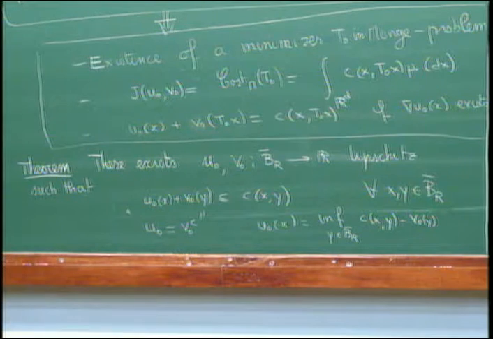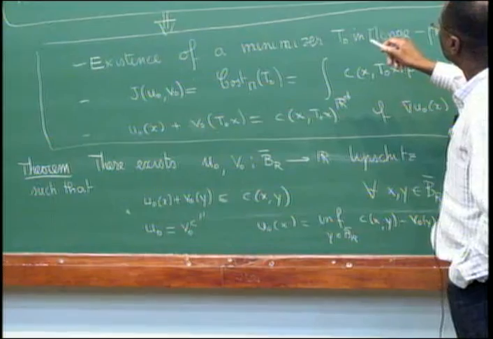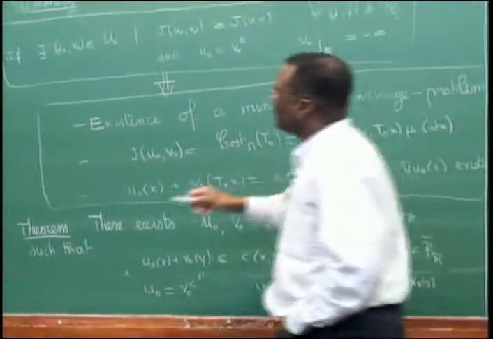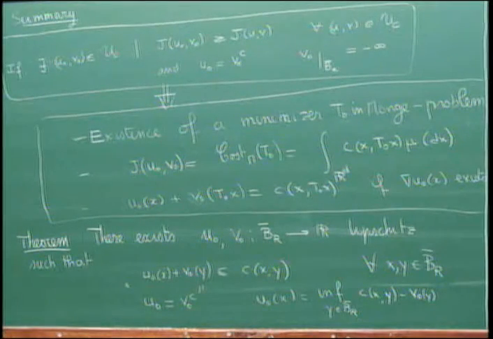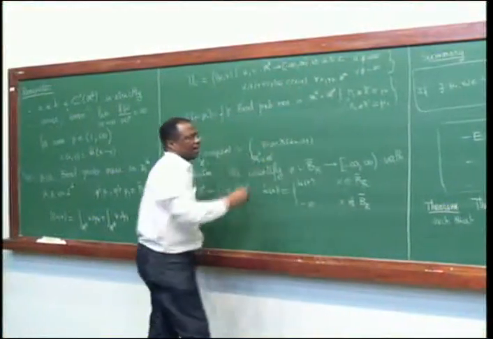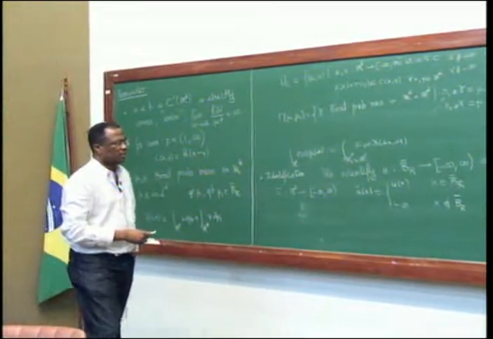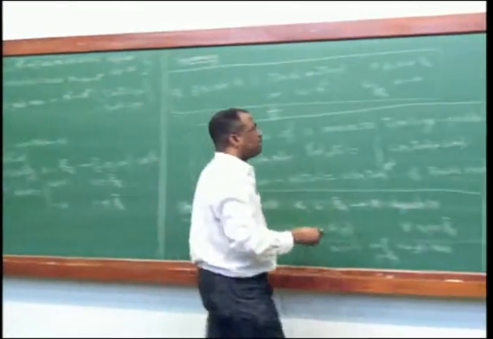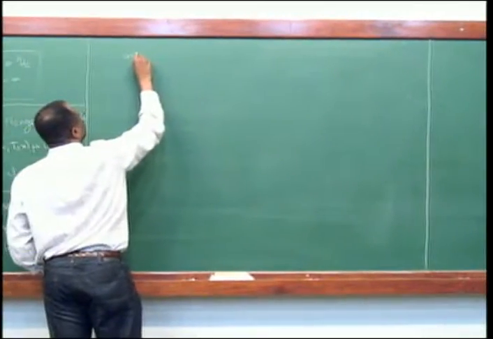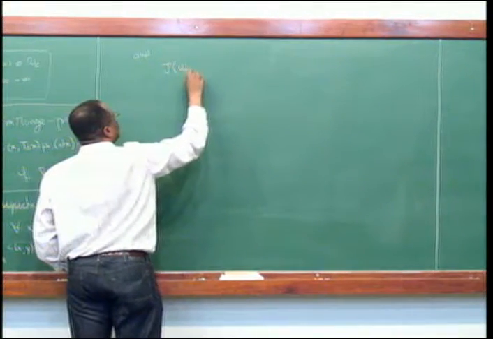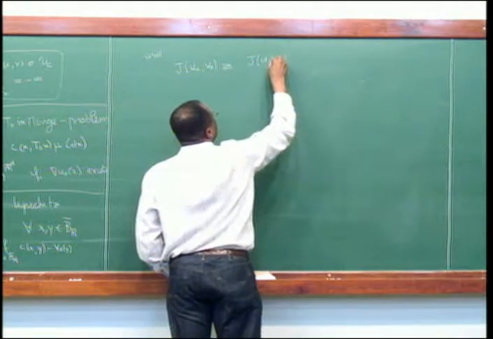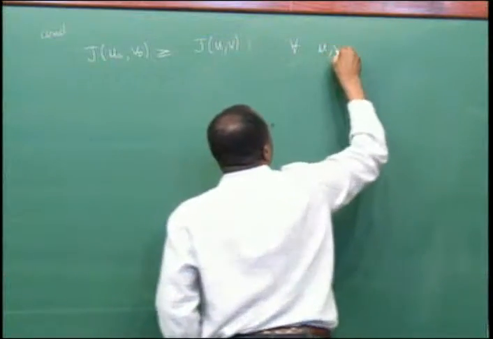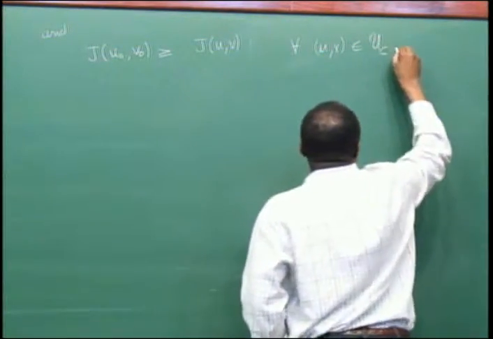Because my functions are Lipschitz, I have immediately the property that they are not identically negative infinity, and they are continuous, or at least upper semi-continuous. So we have that property, and J of U naught, V naught is bigger than or equal to J of UV for every UV in UC.